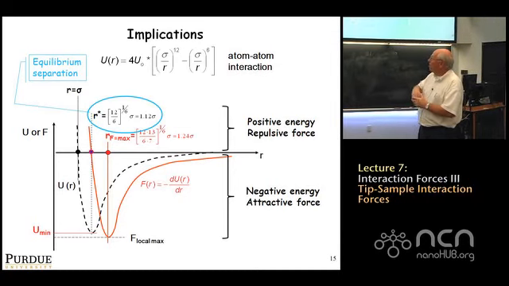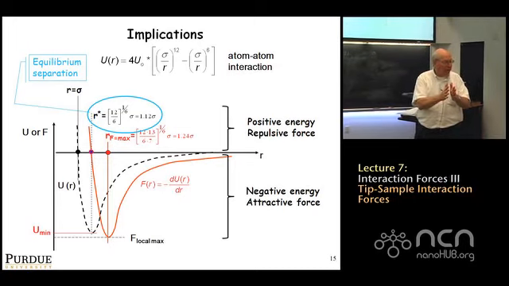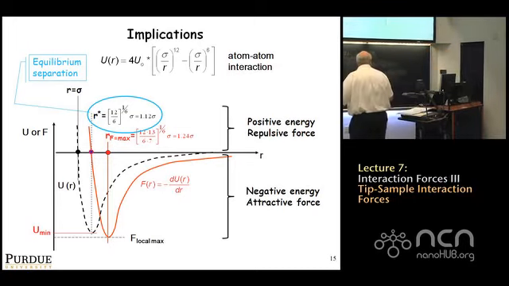We've got this 6-12 Lennard-Jones interaction energy potential. The point is that the equilibrium separation between two atoms, according to this formula, is this parameter R star. It's also referred to as A0. It's the interatomic spacing between two atoms, right?